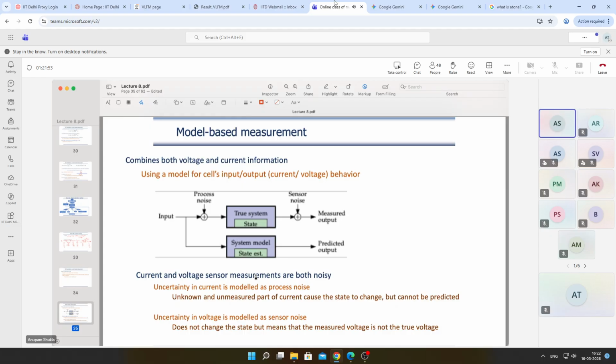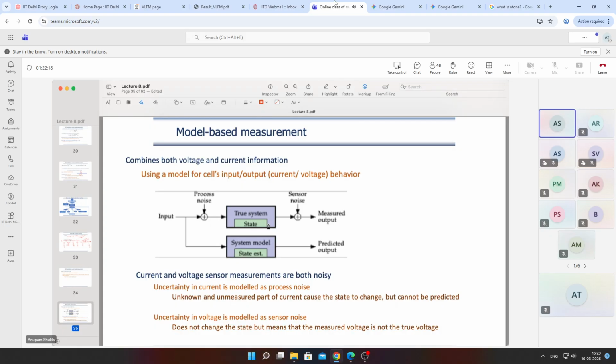As we have seen, the current voltage relationship is a non-linear relation. So you have to do something to the method. You either linearize the system around each estimate or you do something. There are different flavors of method available to take care of the fact that the underlying system is non-linear, while the Kalman filter theory is based on linear systems. So how does this system work?